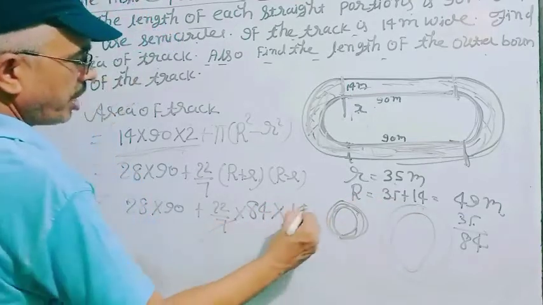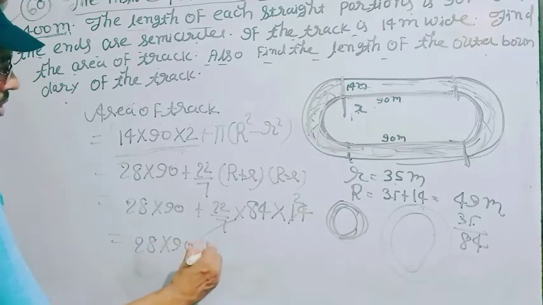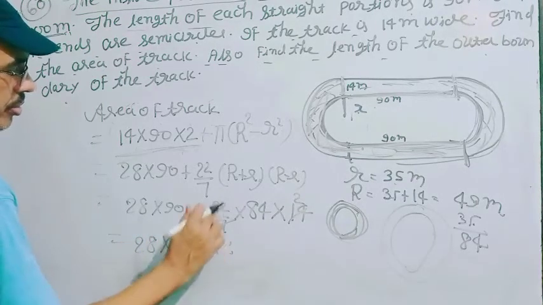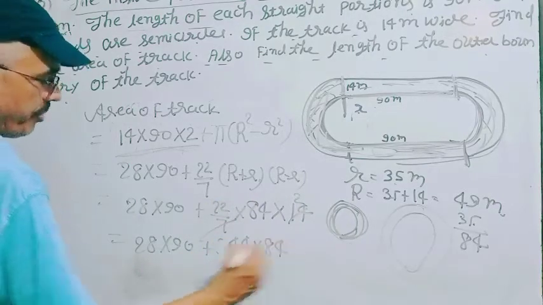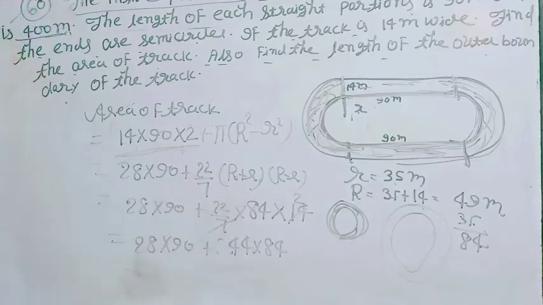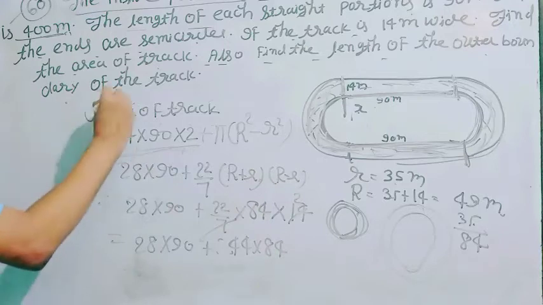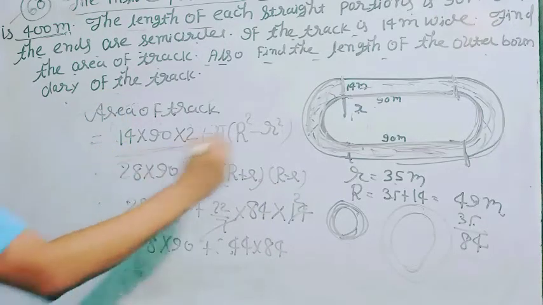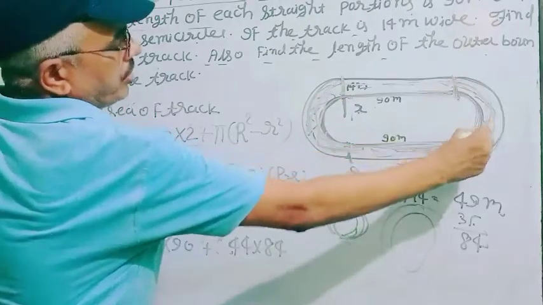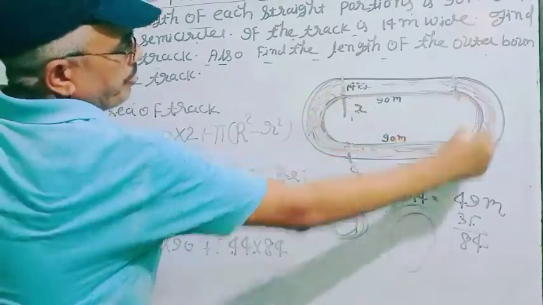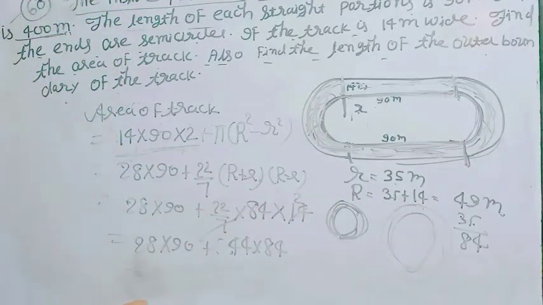So write 28 into 90 plus 22 by 7 into 84 into 14, and when you add it, you get the area of the track. So first find the area of the rectangles, then add the area of the ring, then you get the area of the track.